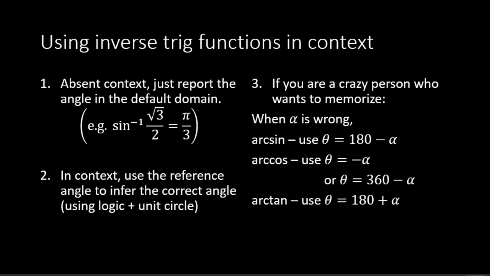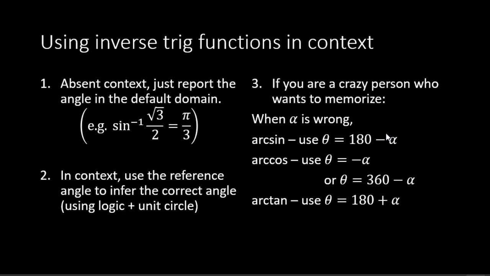If you are the crazy person who's just like, no, just give me rules to memorize, here they are. If you're using arcsine and you get an alpha, but it's not in the correct quadrant, you're going to want to use 180 minus the reference angle.